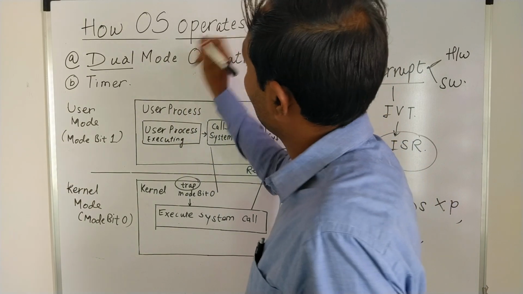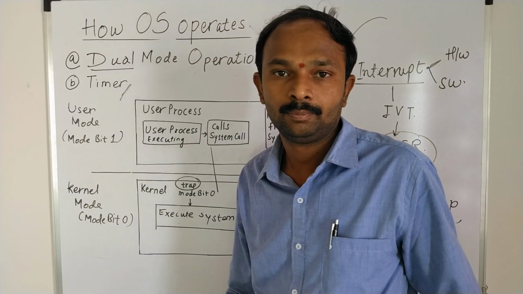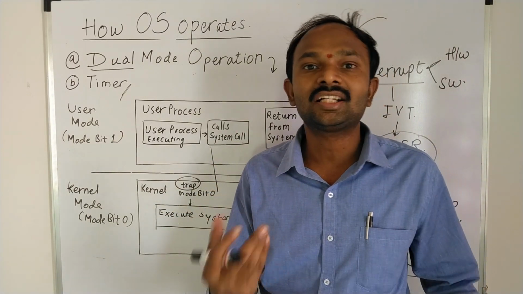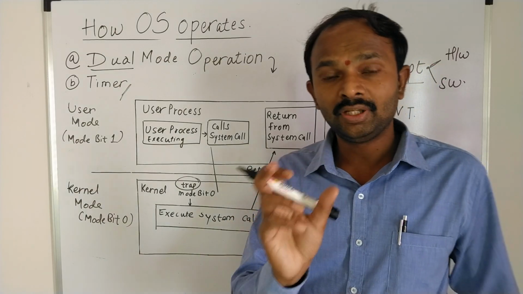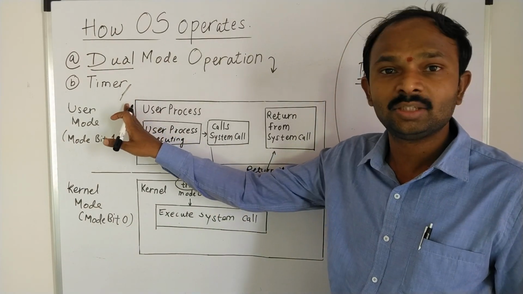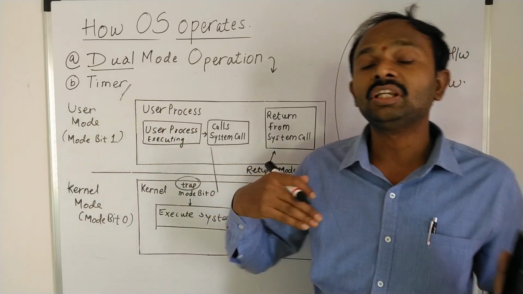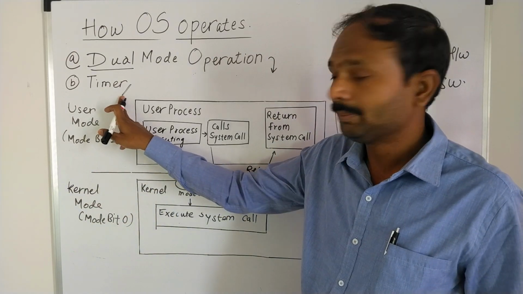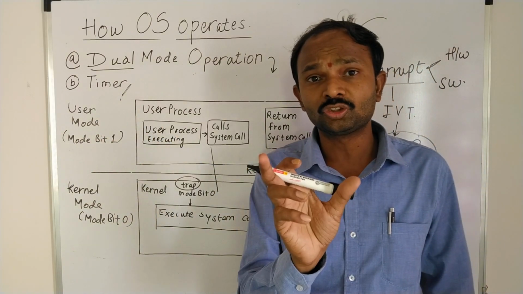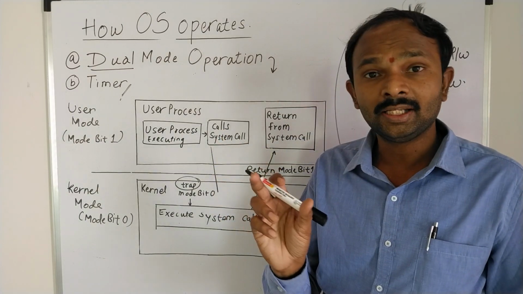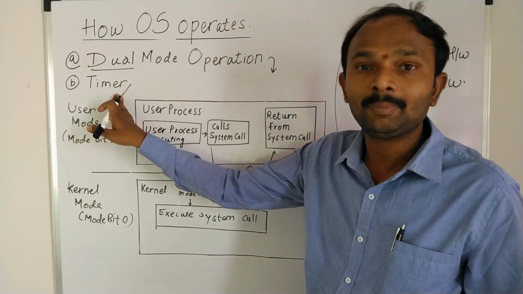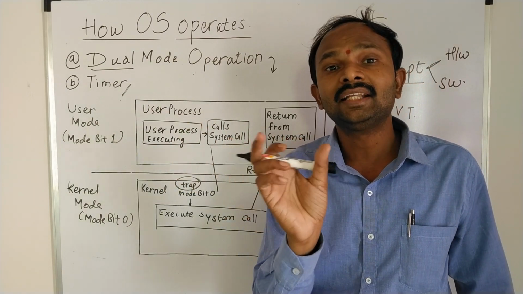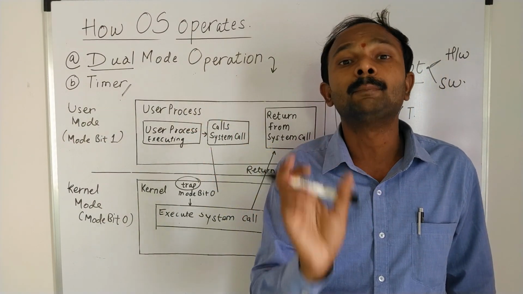Now the operating system also operates with the help of a timer. A timer is basically considered a counter. Because operating systems are interrupt driven, once you give an interrupt to an operating system, only then will it work. In the case of a timer, when some user process is executing, a timer is working in the background. Because of the timer, there is a particular time limit, and within that time limit that particular process should be completed.